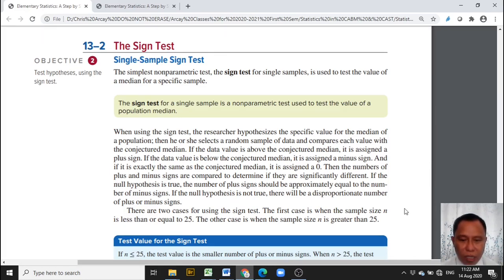There are two cases for using the sign test. The first case is when the sample size n is less than or equal to 25, which is the concern for this video. The other case is when the sample size n is greater than 25, which will be taken care of in the next video.